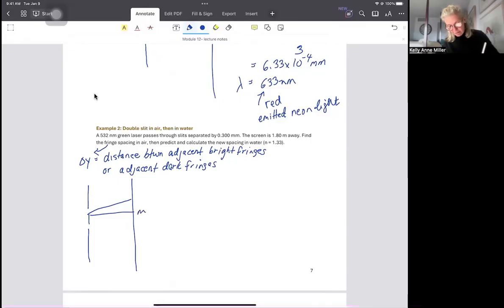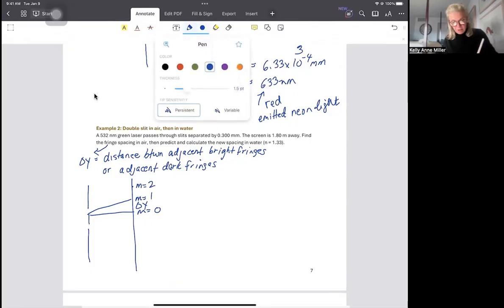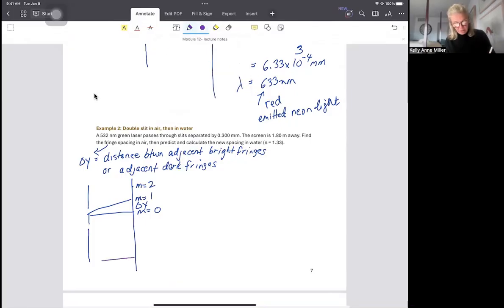If this is m equals 0, the central really bright one, and this is m equals 1, I could find the distance between those two fringes. That distance is going to be the same as between m equals 1 and m equals 2. Let me change colors. I know that this distance, L, is 1.8 meters.